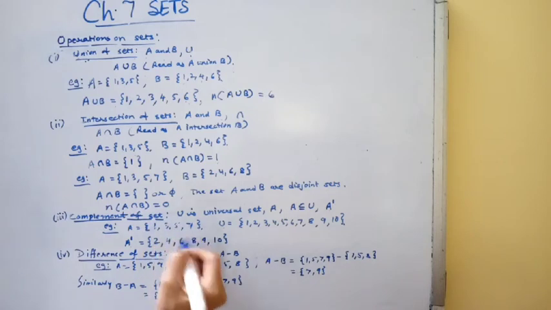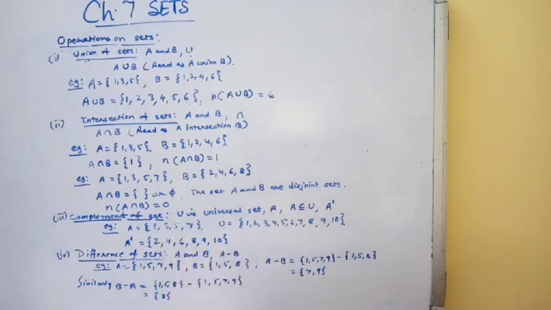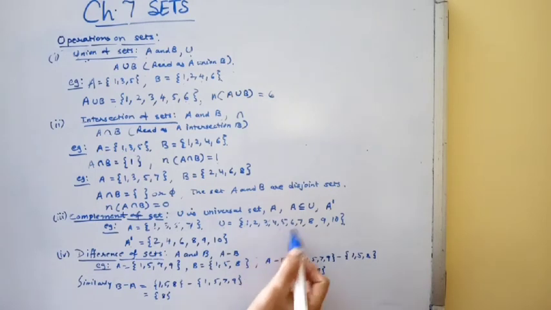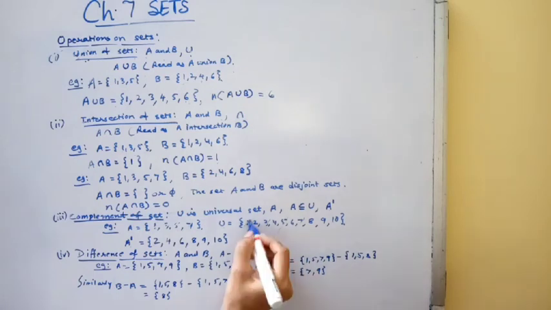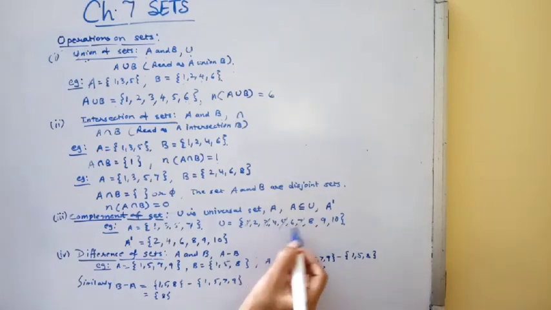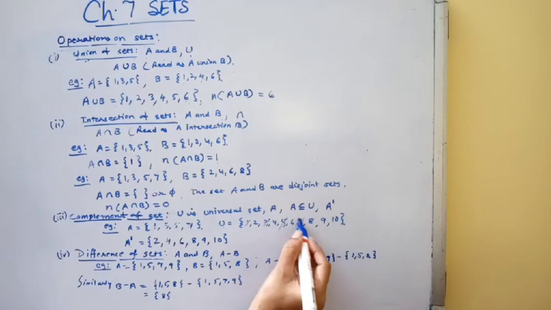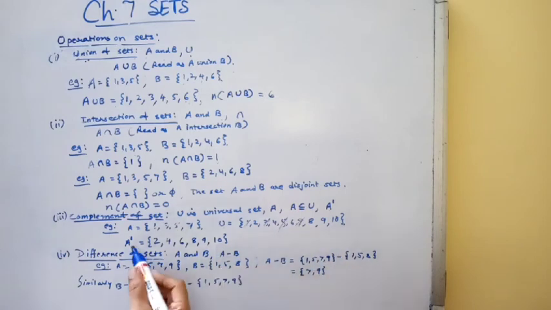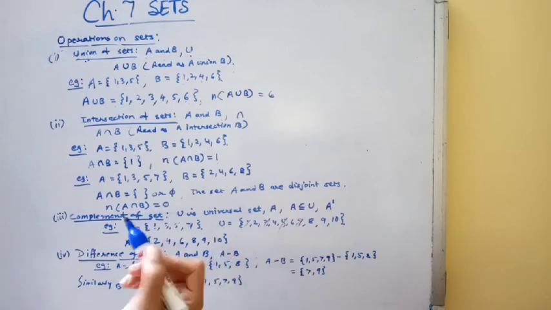Here also from the universal set you cut 1, 3, 5, 7, then what will you get? You will get 2, 4, 6, 8, 9 and 10. So A complement is the set of elements 2, 4, 6, 8, 9 and 10.